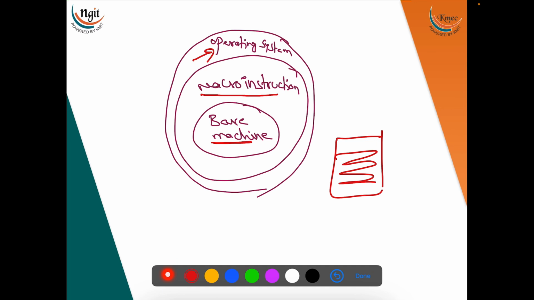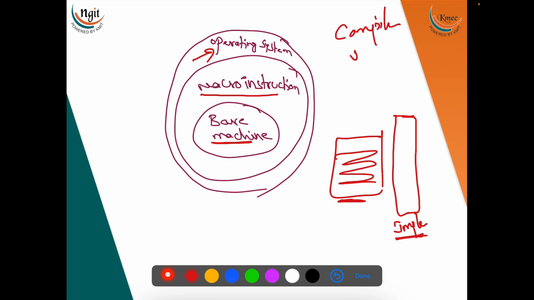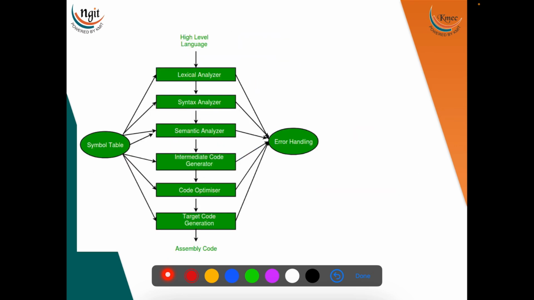Now I have to use some implementation method to process these instructions, and these implementation methods are compilation and interpretation. Whatever micro instructions we are writing will be compiled or interpreted, that is, implemented by language implementation methods. So those are basically compilation and interpretation.